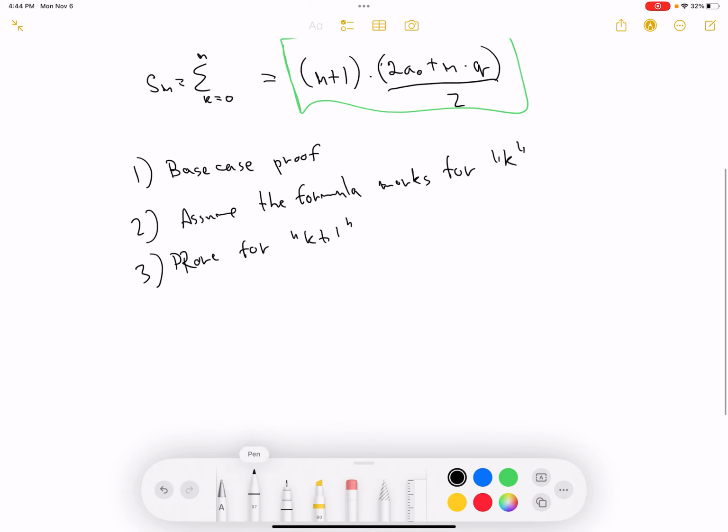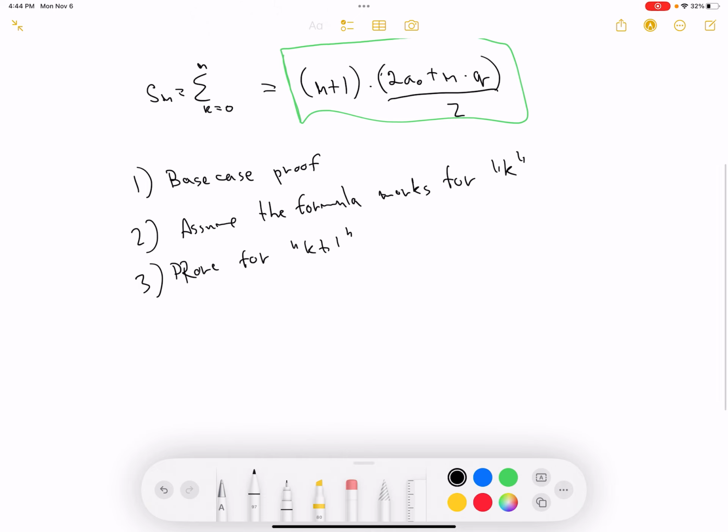So the base case basically would be the first term because it's easiest. In theory, it could be any term.